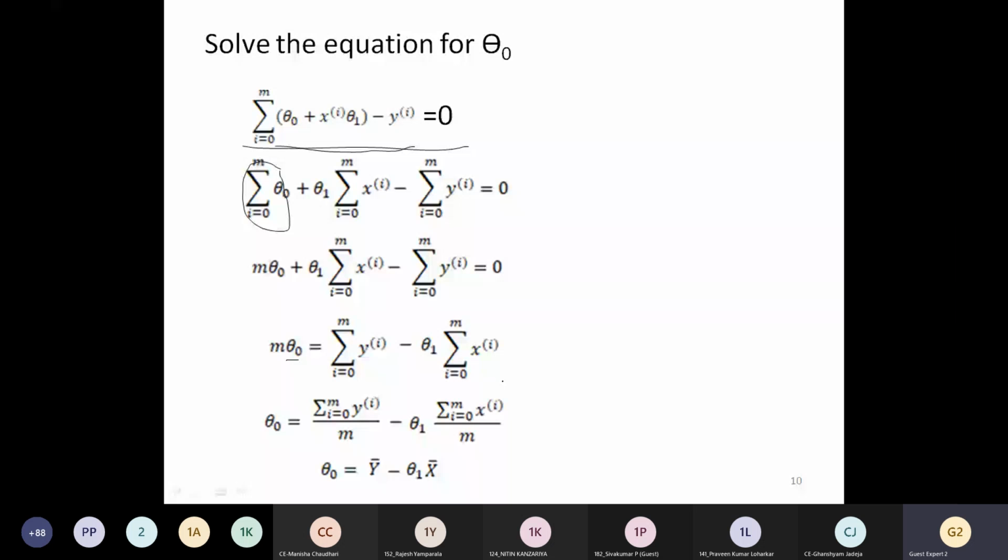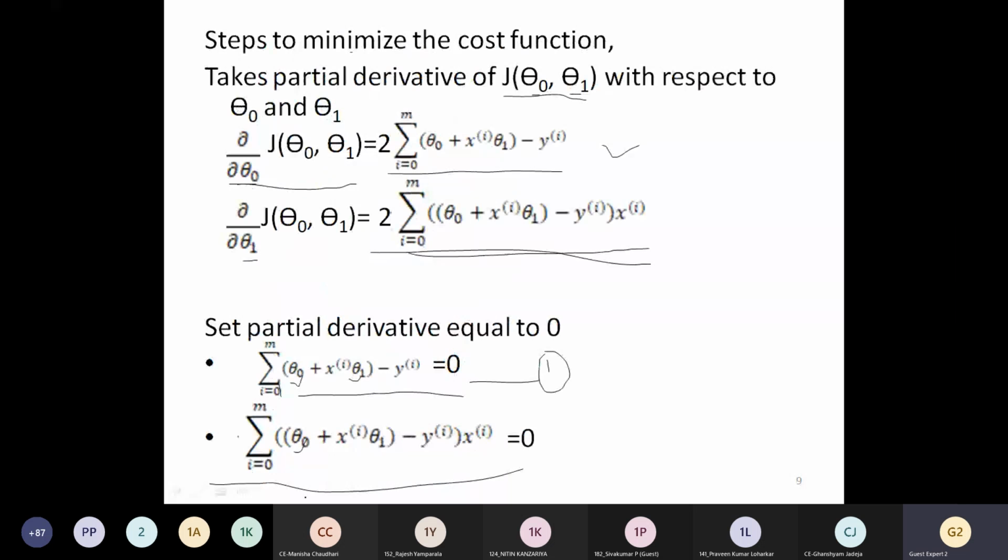Now sigma y upon m is the mean or average of y, and this is the mean or average of x. So theta 0 is equal to y bar, that is the mean of y, minus theta 1 times the mean of x. So that is the equation of theta 0 in terms of theta 1. Clear?